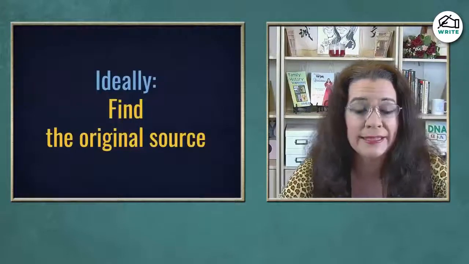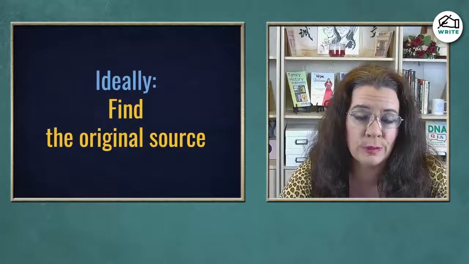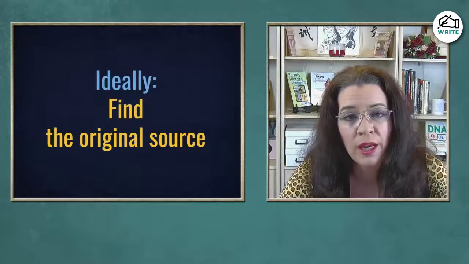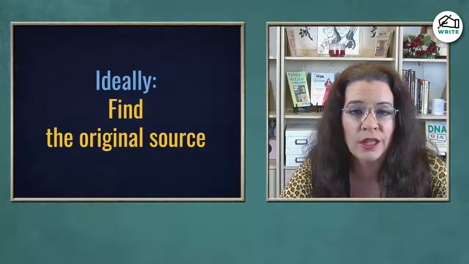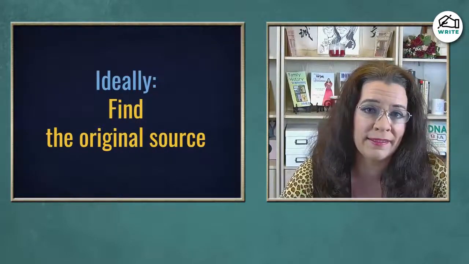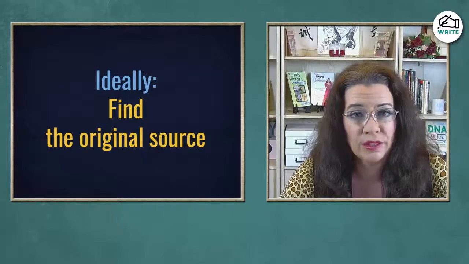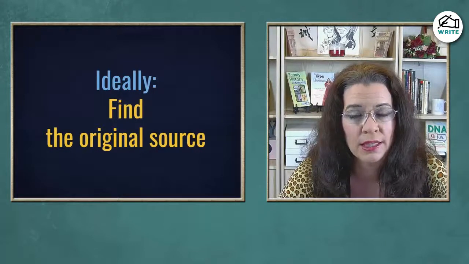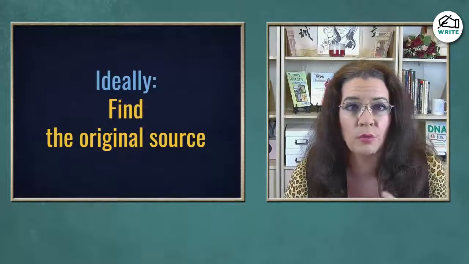So ideally, whenever we find a newspaper article in a scrapbook, the best thing we could do is try to track down the original source. We can use Newspapers.com, Chronicling America, Newspaper Archive, and we could also visit local libraries to try to figure out what the publication is, because we used the rough idea.